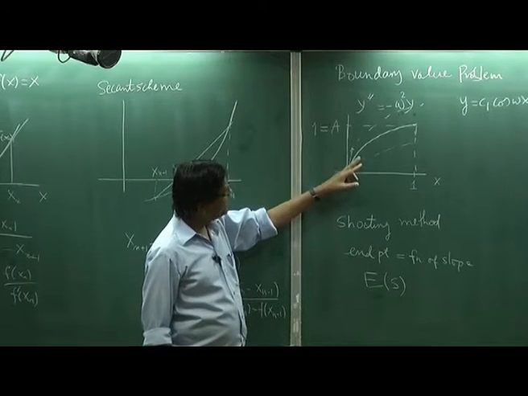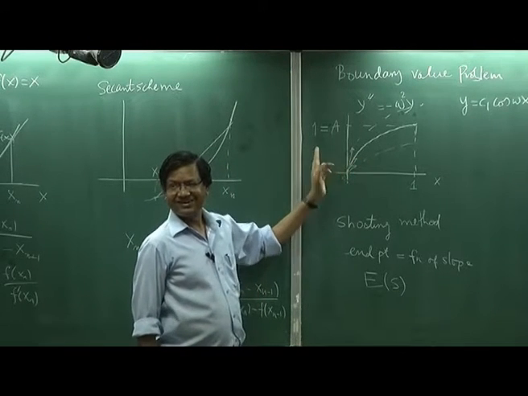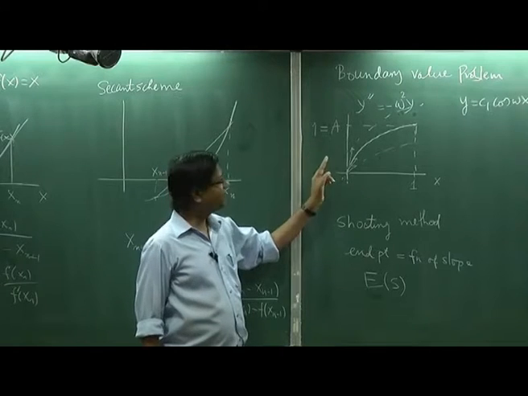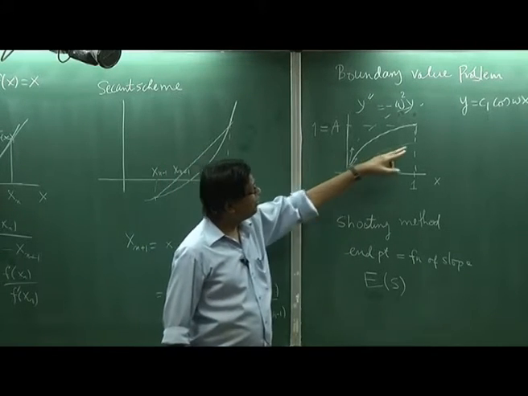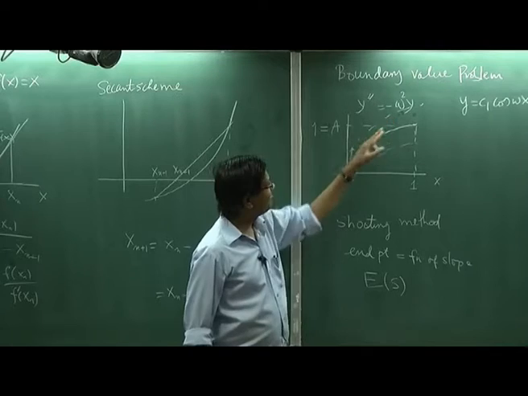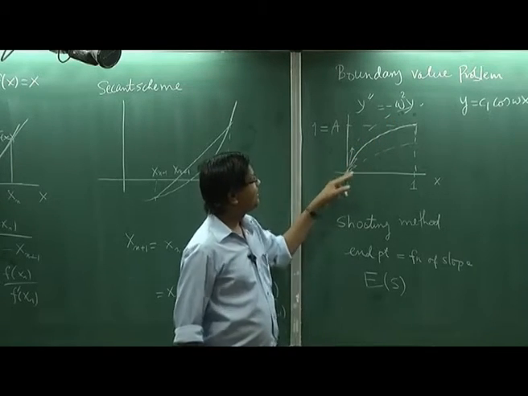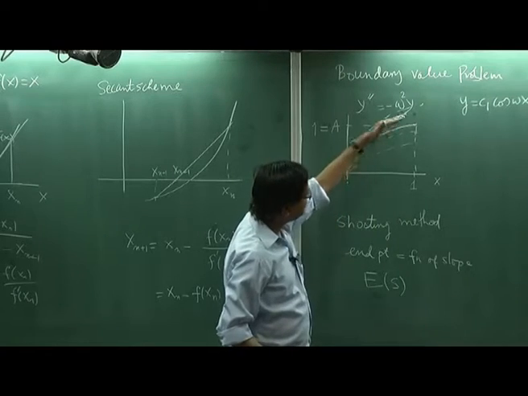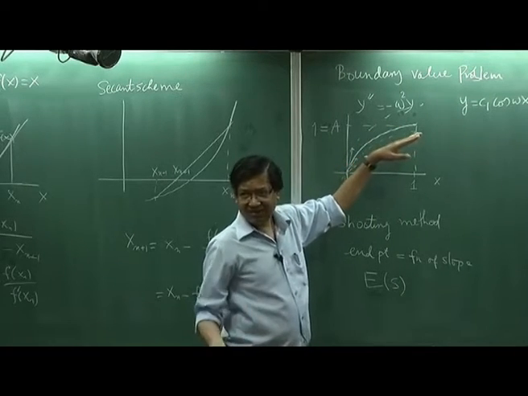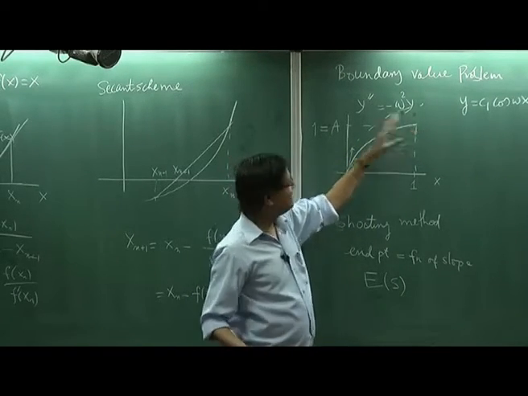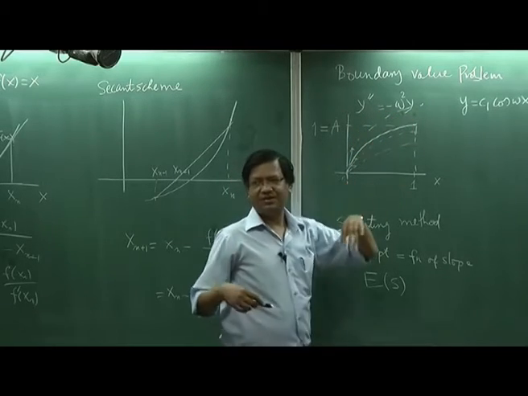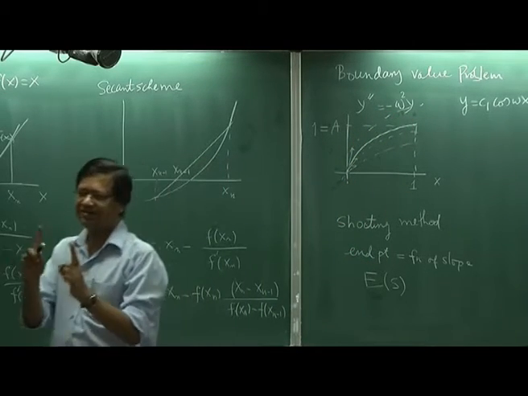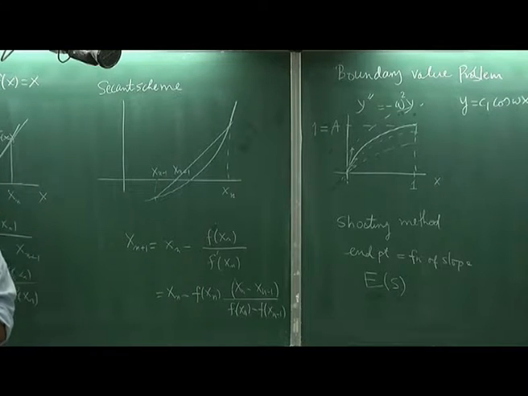The one below that and one above that. How do I figure it out? This one took me below, this one took me above. The slope which takes you below will be the left one, and the slope which takes you above is the right one. So you use left and right and you converge. Is the idea clear? It is quite straightforward.